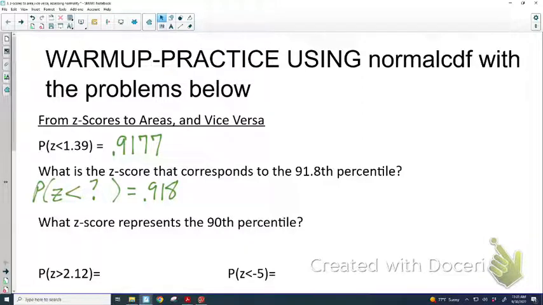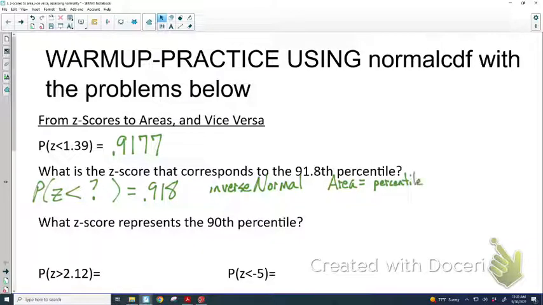But there's a super precise way. If you look right below normal CDF on the calculator, you pick inverse normal. It's going to ask you for the area. I'll do it here in a second. And here they want a percentile.